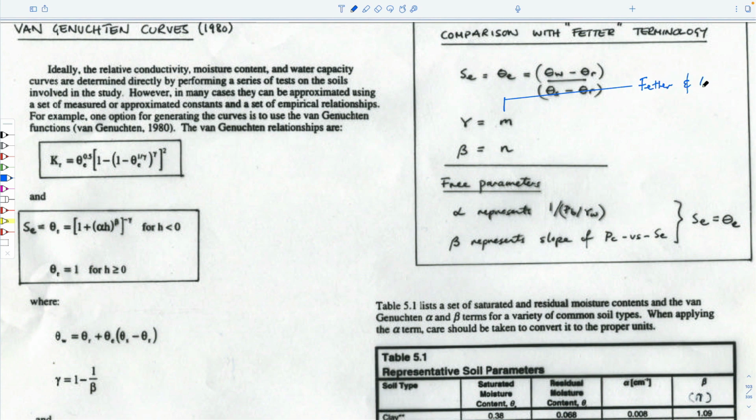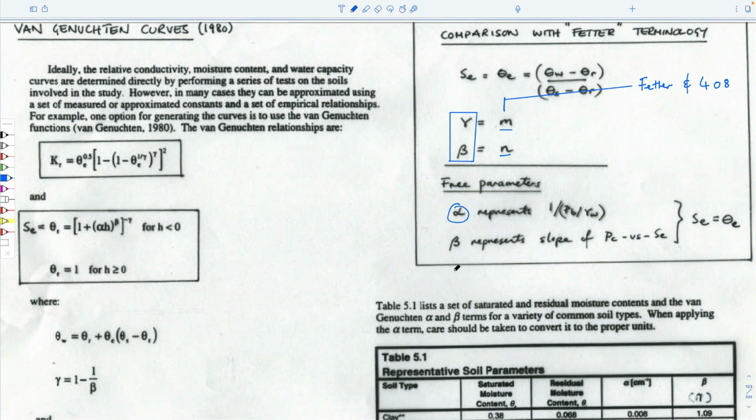The terminology that we've used from Fetter, and I guess 408, in the previous derivations are m and n as these coefficients. This particular handout uses, nice and confusingly, gamma and beta. So they're slightly different. Both use the value of alpha that we did before.